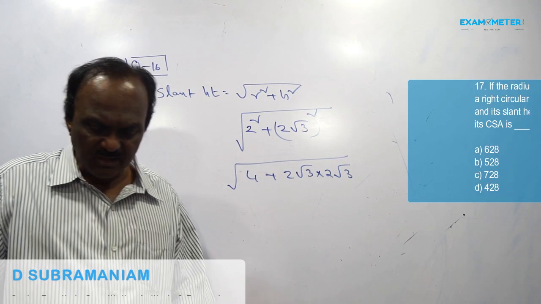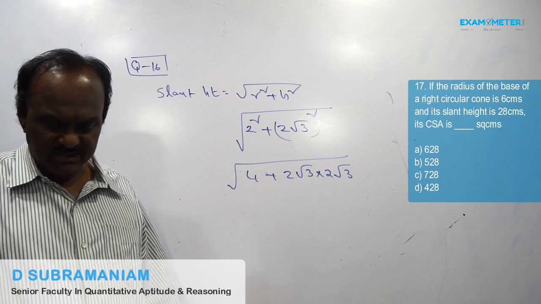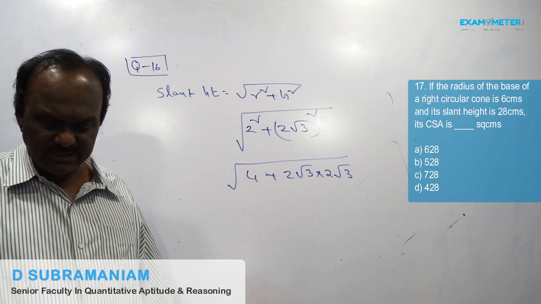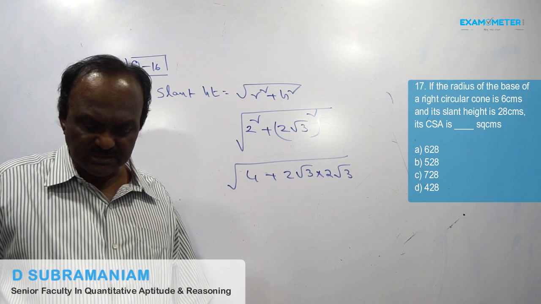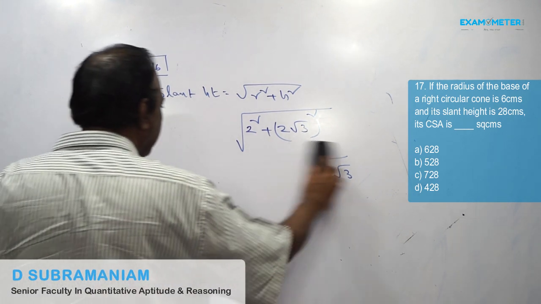If the radius of the base of a right circular cone is 6 centimeters and its slant height is 28 centimeters, its curved surface area is how many square centimeters?